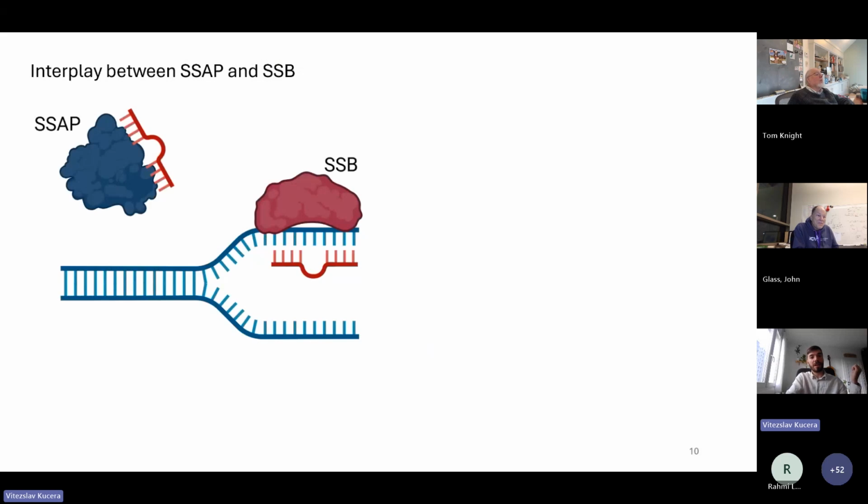So what are these? I will start with the single-strand binding protein, because that's quite a simple protein. As far as we know, all organisms have this protein, because when the organism replicates, the naked single-stranded DNA cannot just be left there naked, and for that organisms usually have single-strand binding proteins that can bind this DNA.